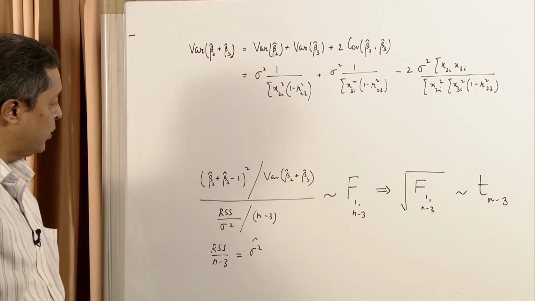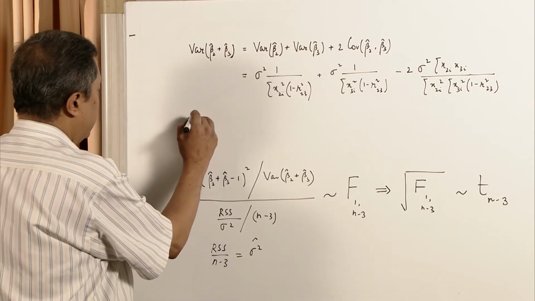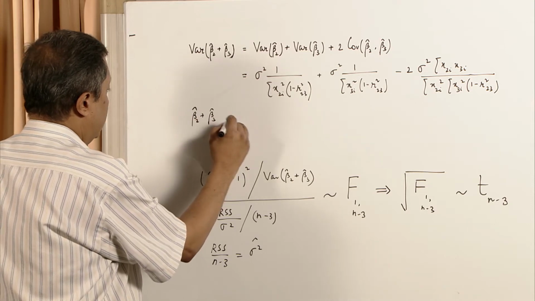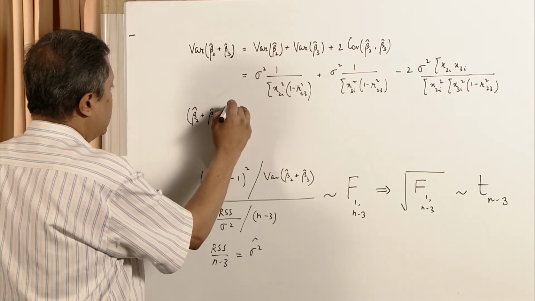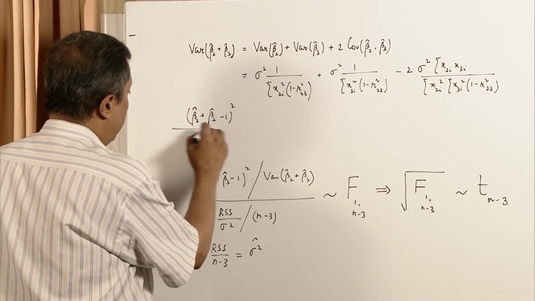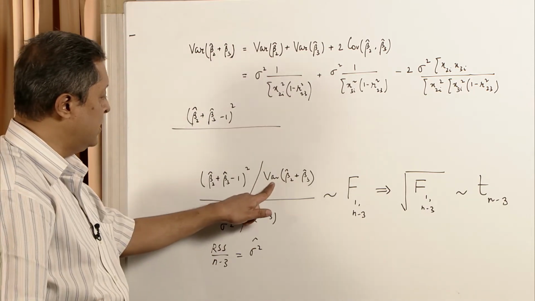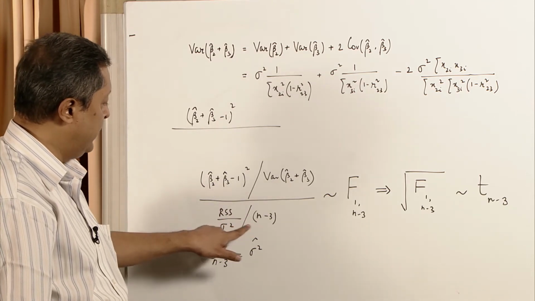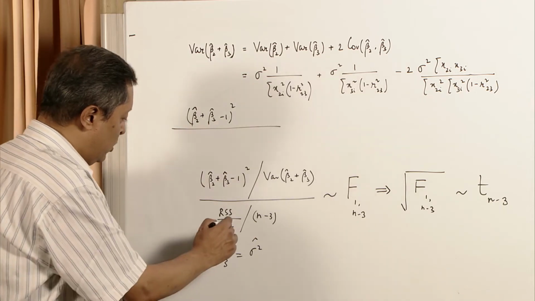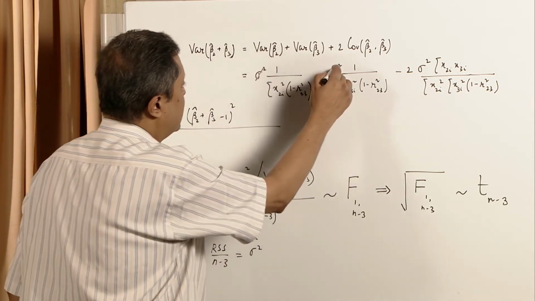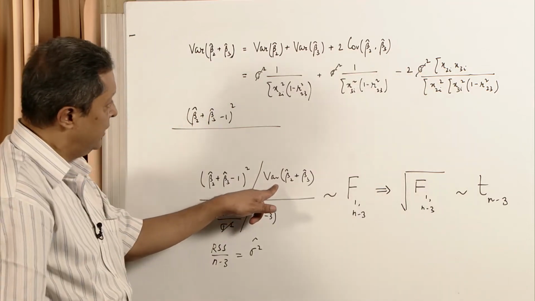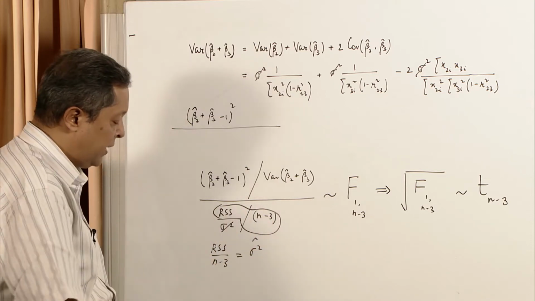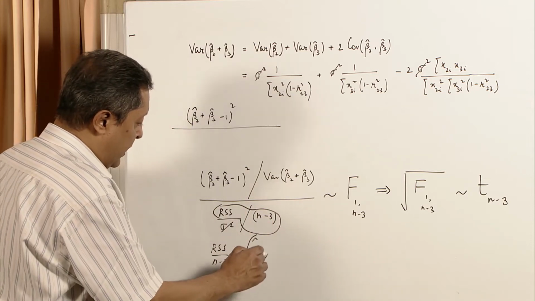So, making these substitutions, we arrive at a nice result: beta 2 hat plus beta 3 hat minus 1 whole square divided by, instead of this variance and this RSS by sigma square divided by n minus 3, we cancel out this sigma square in the denominator with all of these sigma squares, and we take out this RSS by n minus 3 and put it as sigma square hat.